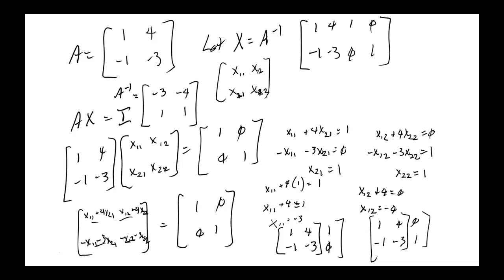Here, negative 3, 1, and then this would have been 0, negative 4, 1.